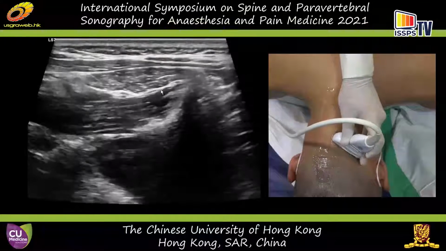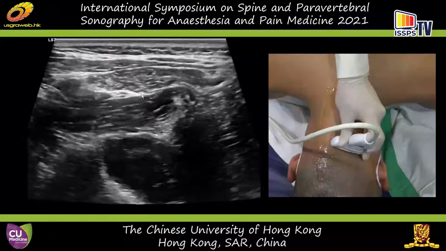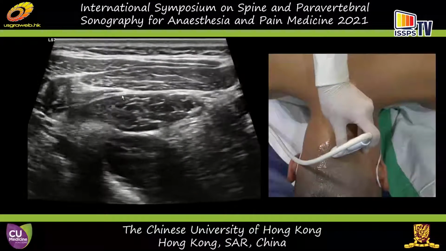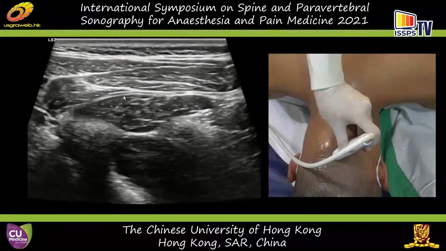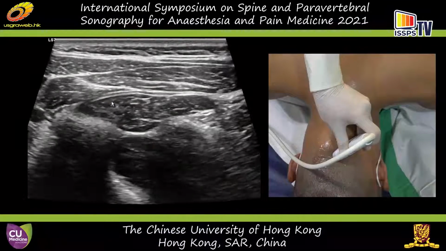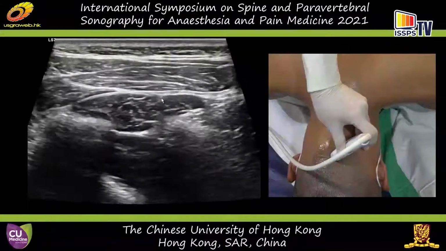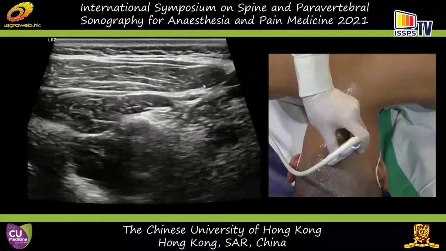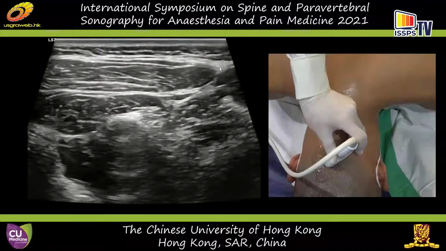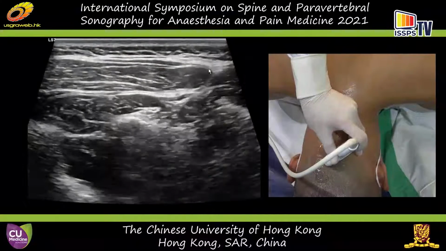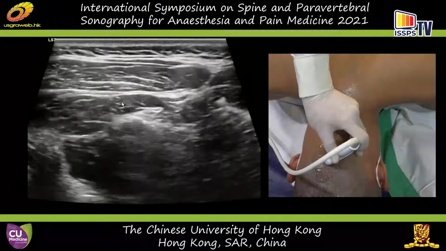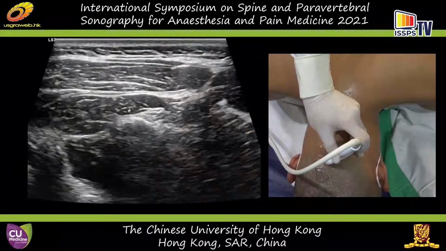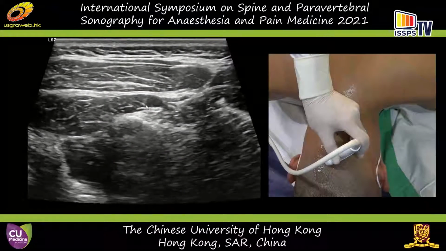So if this time I turn into the long axis of the greater occipital nerve right here, then you can see that it is going to wrap around the inferior oblique, and it's going to surface, passing through the semispinalis capitis and the upper trapezius to the skin here. And this is the inferior oblique, and that's the rectus capitis posterior major muscle.